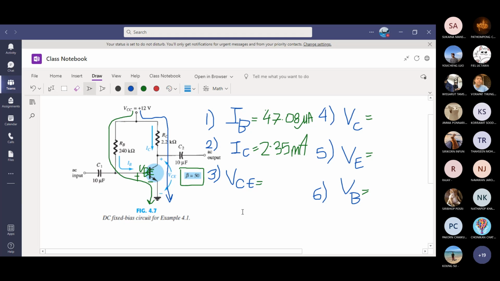That's why everyone should calculate everything. 12 minus IC times RC, that is your VCE.